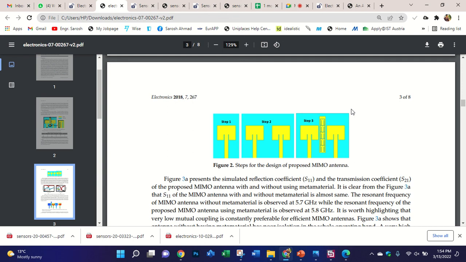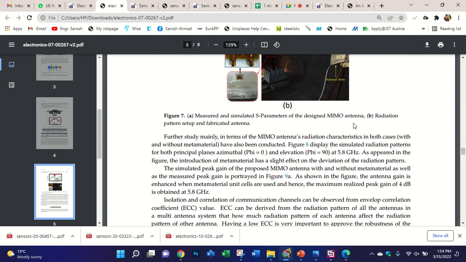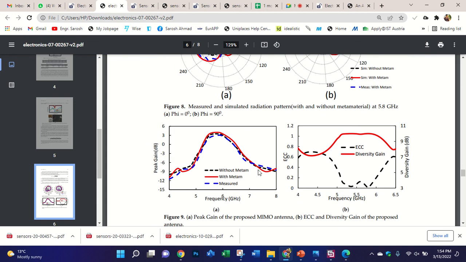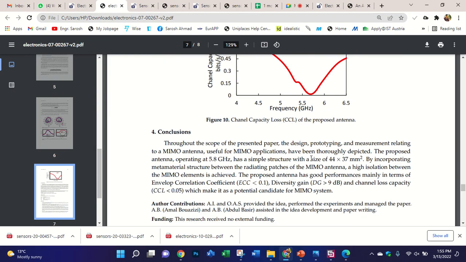Actually, Mr. Sarosh, even after they used this metamaterial, he didn't get good isolation. I saw in the result, not a good result. Was there any difference? Just a small difference, not a big one. In the gain, no difference in the result, and the gain is not good. I even take it in the comparison table with me.